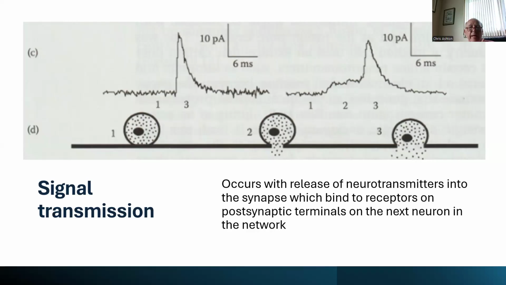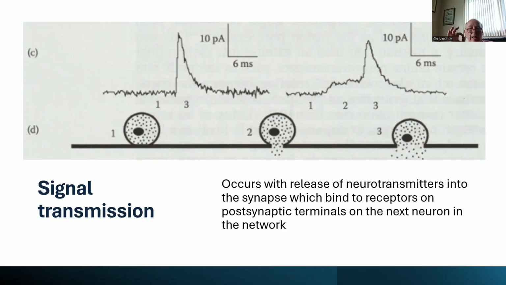And the first stage, labeled 1 here, and 1 on the graph. If you look at D, if you look at the vesicle picture, then the first step is fusion of the vesicle to the cell membrane.